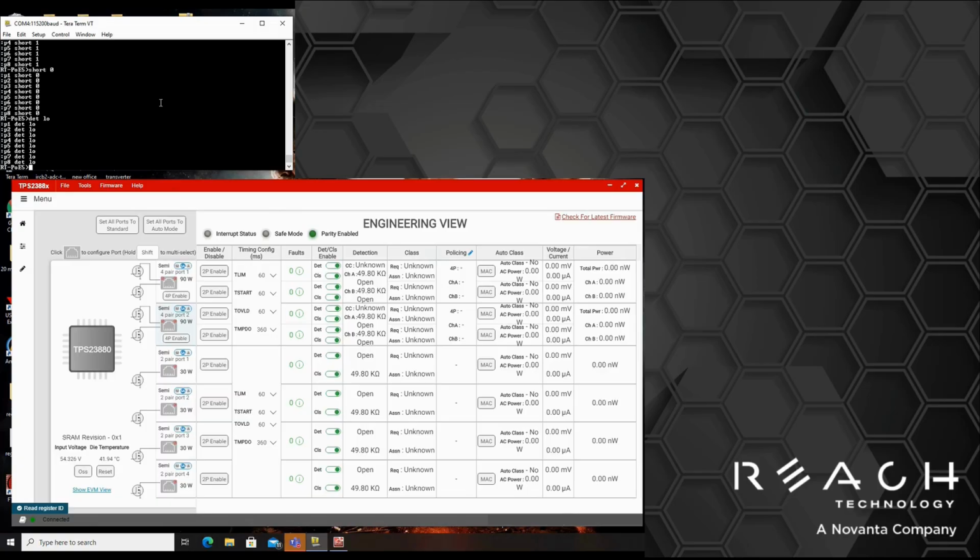We also support a low detect resistance, where it provides an out of spec detect resistance.